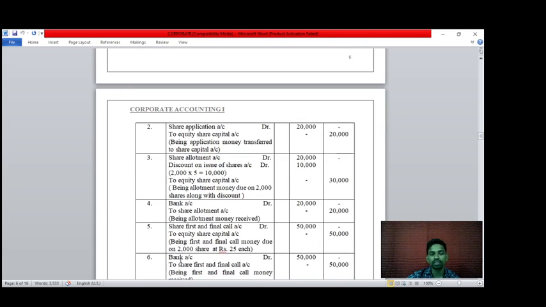The last transaction is related to the first and final call. Share first and final call account debit rupees 50,000 to equity share capital account credit rupees 50,000, being first and final call money due on 2000 shares at rupees 25 each.